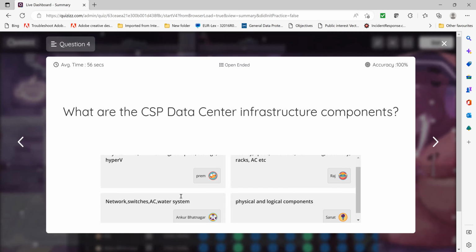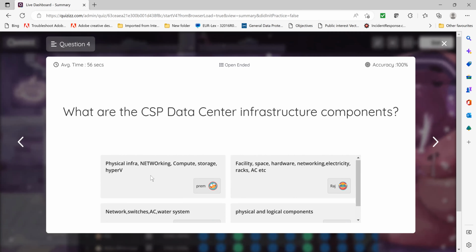Okay, but these again are the subcomponents. But the answer from Prem was the accurate one: you have the physical infrastructure or physical environment, networking, computing, storage, then virtualization.